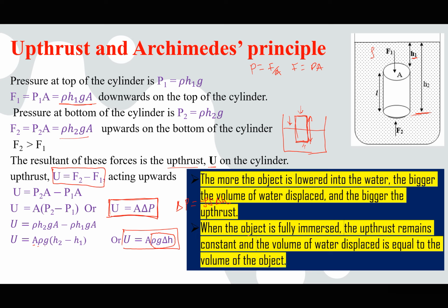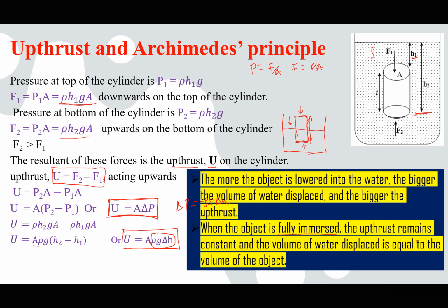So when the object is fully submerged, the upthrust remains constant and the volume of water displaced is equal to the volume of the object. So if the object is fully submerged, the upthrust remains constant.